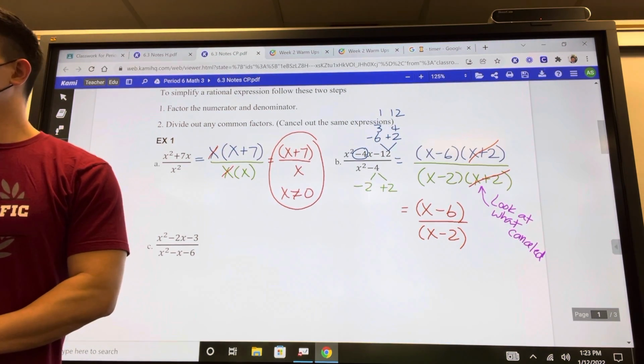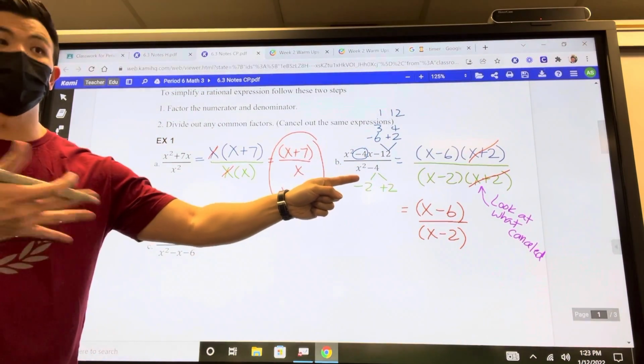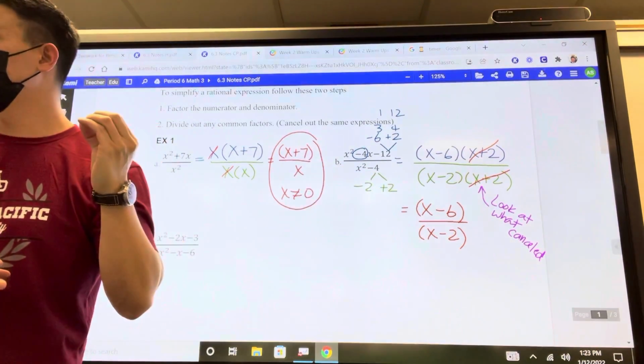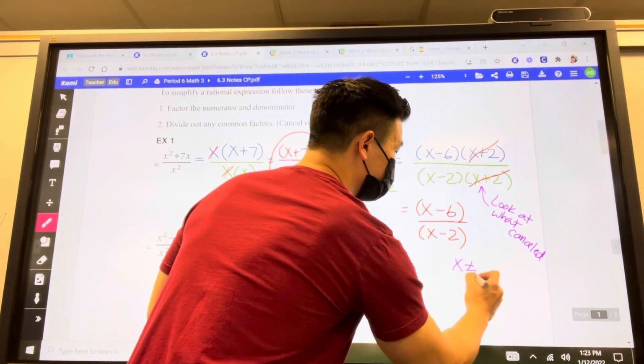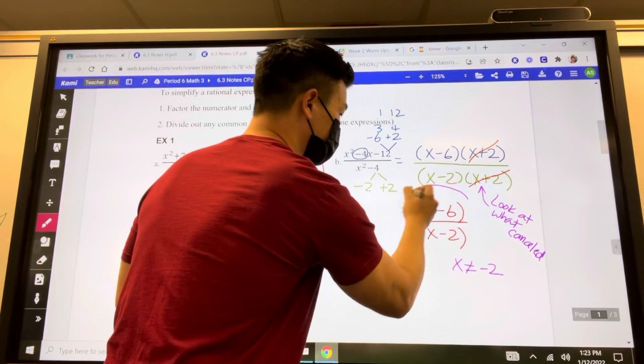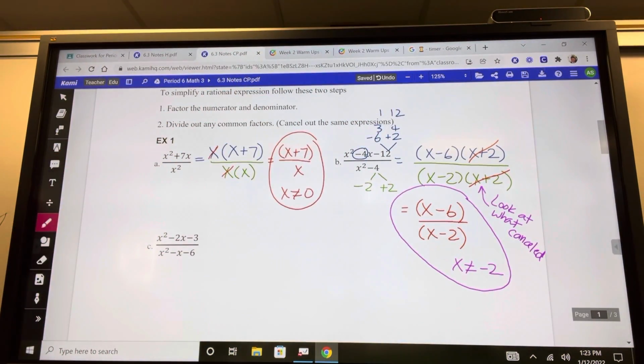Positive or negative? Negative, right? Because negative 2 plus 2 is 0. So that means that the number that I'm excluding is x cannot be equal to negative 2. And again, we're looking at that one that we canceled out. Does this make sense? All right.